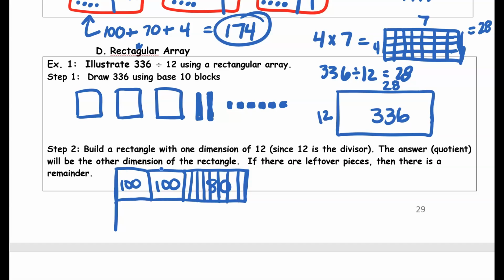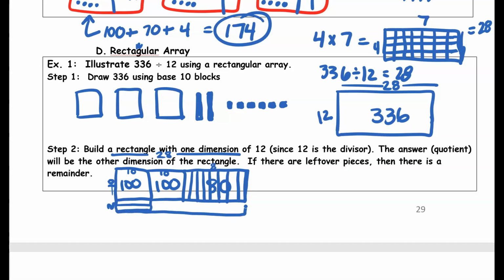So the length of this rectangle, if this flat is 10 by 10, this would be 10, this would be 10, and this would be 8. So altogether, this is 28, the length of this rectangle, which is the same as what we have up here. And then in this direction, to get 12, this would be 10. You'd actually put 2 longs like this.